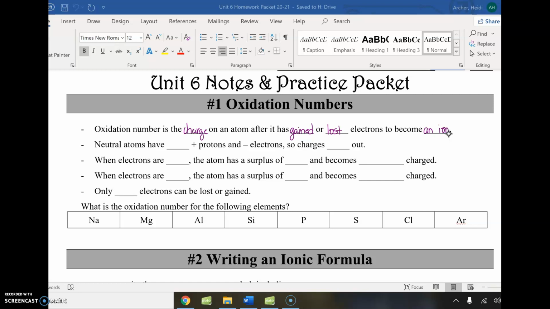So again, this should be reviewed from the last couple of units. We should remember then that neutral atoms always have equal numbers of protons and electrons, so their charges even out, or the word that we've been using is balance out. And so therefore when electrons are gained, that atom has a surplus of those electrons and therefore becomes negatively charged.